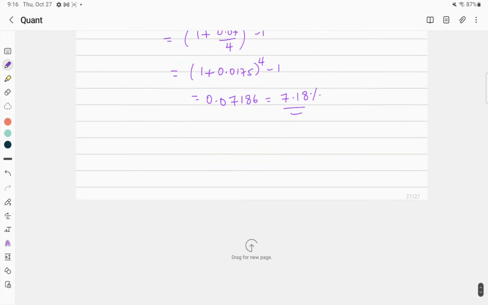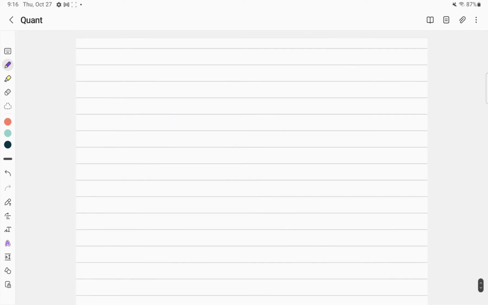I always like to use a timeline so that it makes it easier to understand. So we have this timeline, right? Today, year one, end of year one, end of year two, end of the 19th year, end of the 20th year.